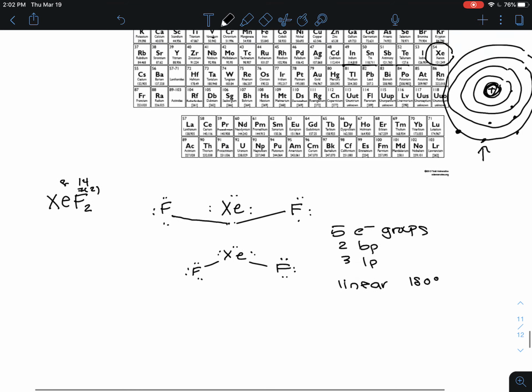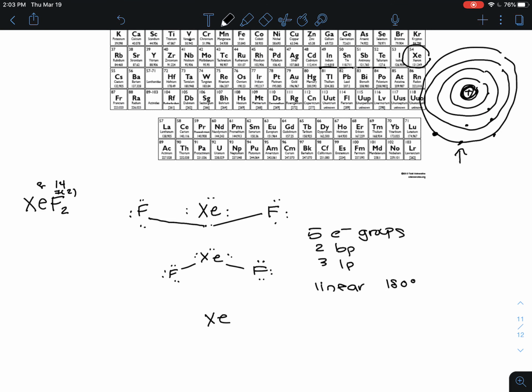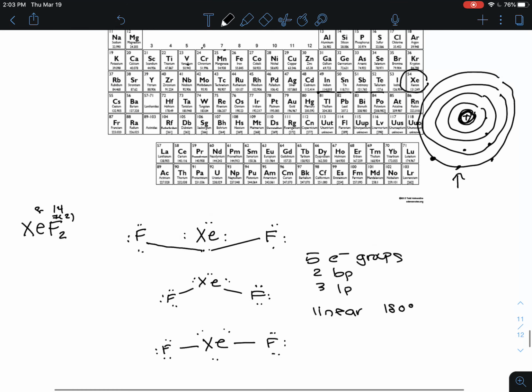That is a linear structure with a 180 degree bond angle. So basically, the more proper way that the structure looks is that, since we can't really see it 3-dimensionally, there's that lone pair here and the lone pairs around it with the fluorine atoms. The repulsions of the 3 lone pairs force the bonds to form a linear structure.